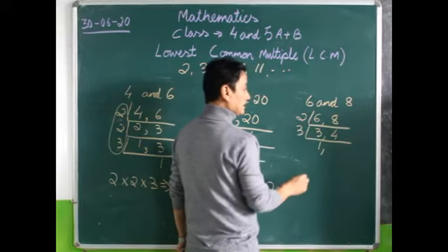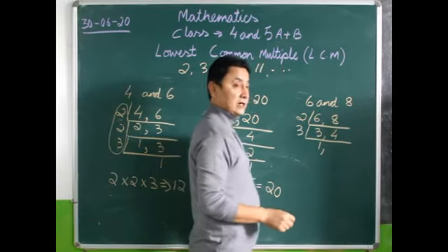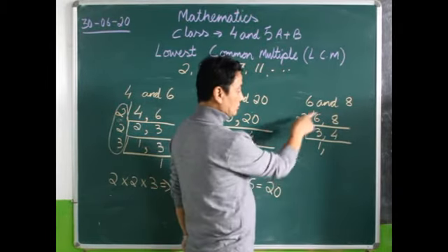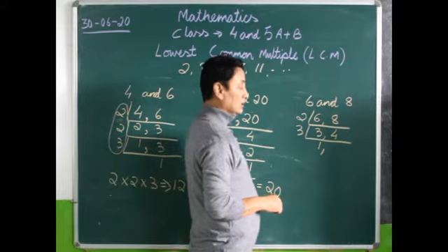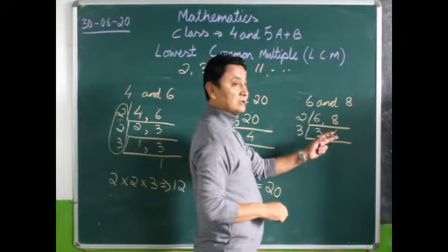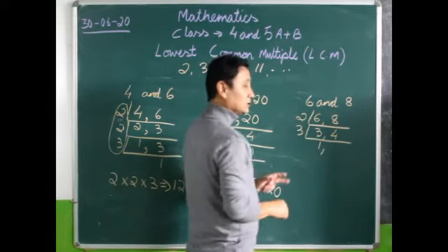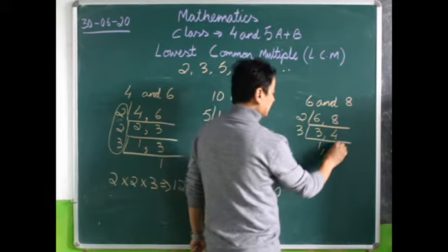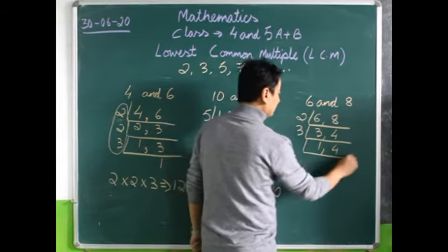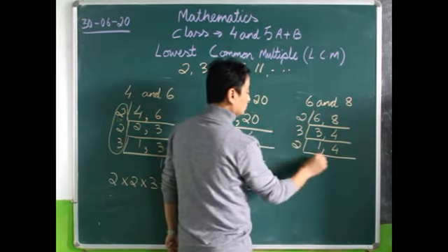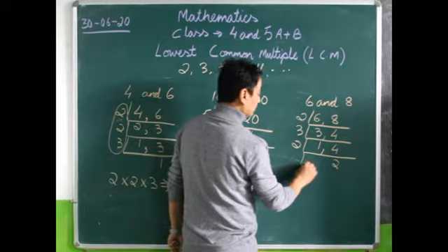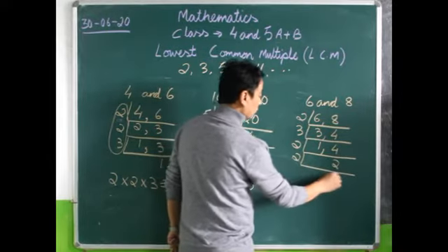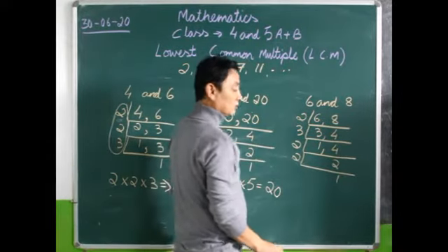Try and look at the first number and then try and see if that number goes into the second number. Will 3 go into 4? 3 1s are 3, 3 2s are 6. No. So what should we do? Bring that down. 4. Which number will go into 4? 2. 2 2s are 4. 2 1s are 2.